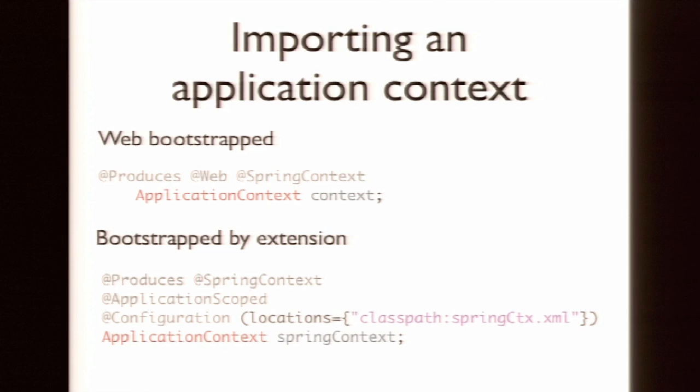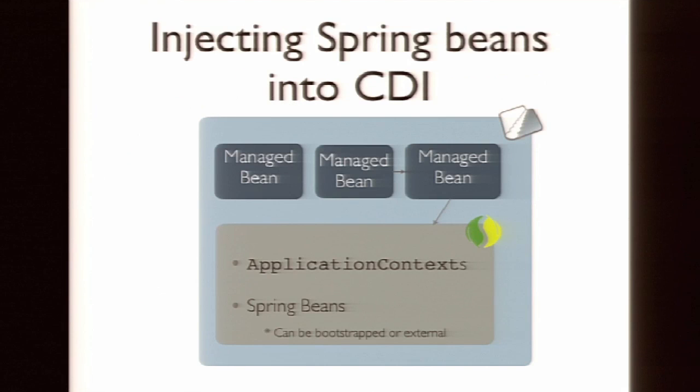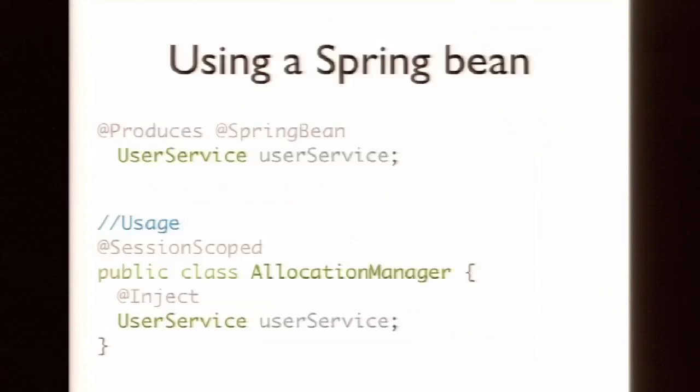And we'll look up for this file and create the application context. Once the context has been bootstrapped, it becomes a source of beans. So I can go and say, well, I want to produce a user service bean, which is in fact the user service bean from the application context.